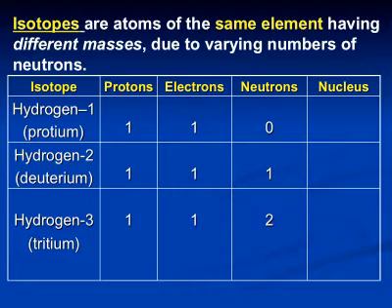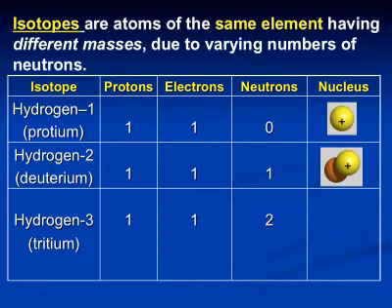The nucleus. So, for instance, hydrogen has 3 different isotopes. We have hydrogen 1, hydrogen 2, and hydrogen 3. As you look at this table, our protons and electrons are all the same, right? The only thing that's changing is our number of neutrons. So if we look at the nucleus, for hydrogen 1, all in the nucleus is one lonely proton. If we look at hydrogen 2, he finally gets a friend.